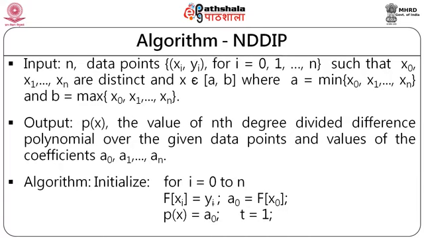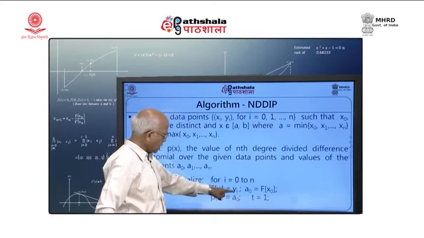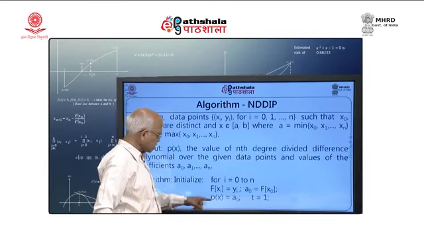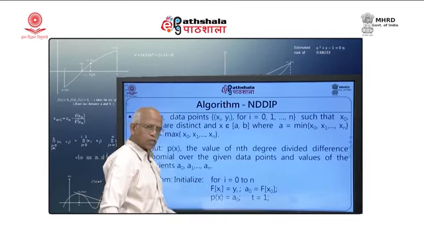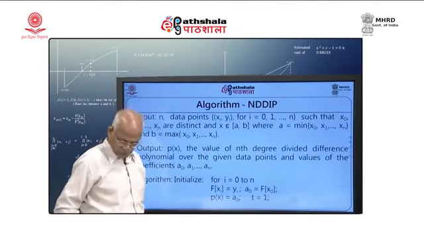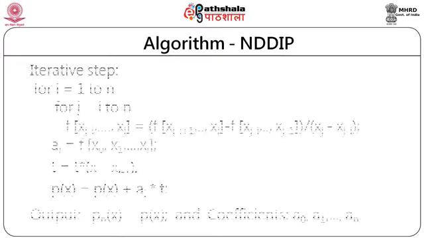This is the first coefficient a 0, this y i is the initial value of all the 0th divided differences, and p x is also initialized as a 0, and subsequently we will go on adding the terms to p x in order to get the final value. So, these are all the initializations we are talking about.